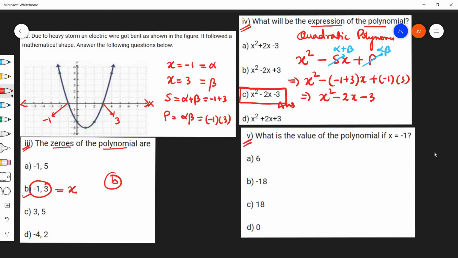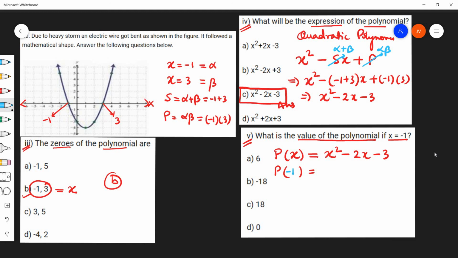Now the last bit, the fifth bit of this case study. What is the value of the polynomial if x is equal to minus 1? We got the polynomial whose graph is the parabola in the question, x square minus 2x minus 3. We have to find its value at x equal to minus 1.